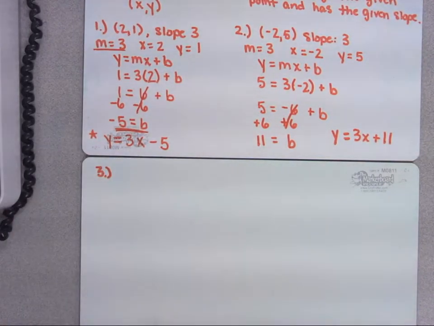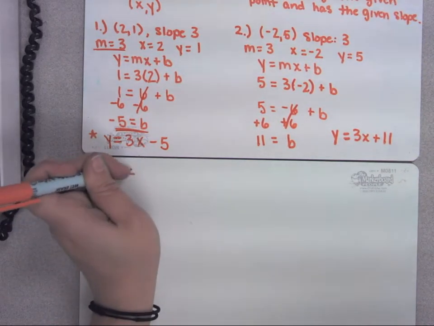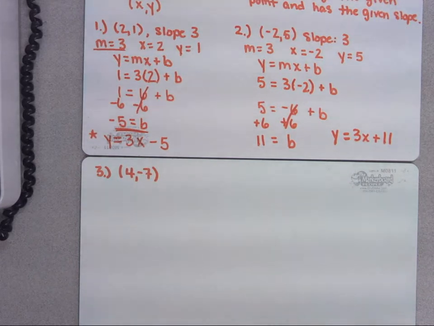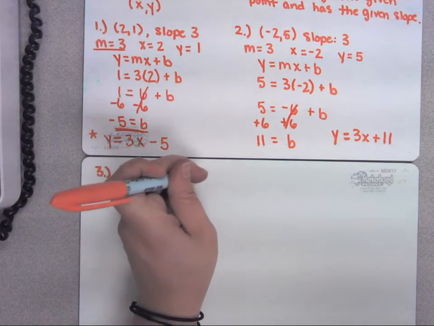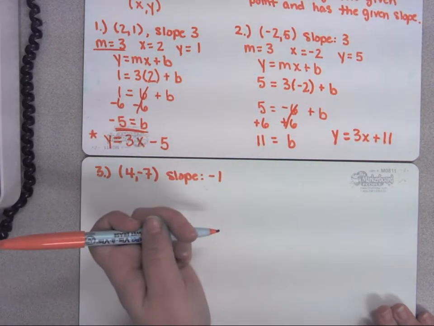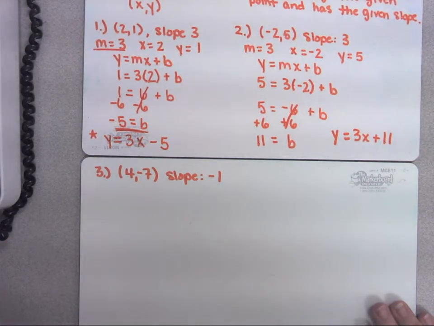Number 3. I'll let you do this one on your own. We'll just see if we get the right answer. 4, -7. That's our ordered pair. And our slope is -1. Every single time, remember, label out your 3 things, then write your equation, plug it in. I'm going to do mine while it's frozen. See if you can get it.